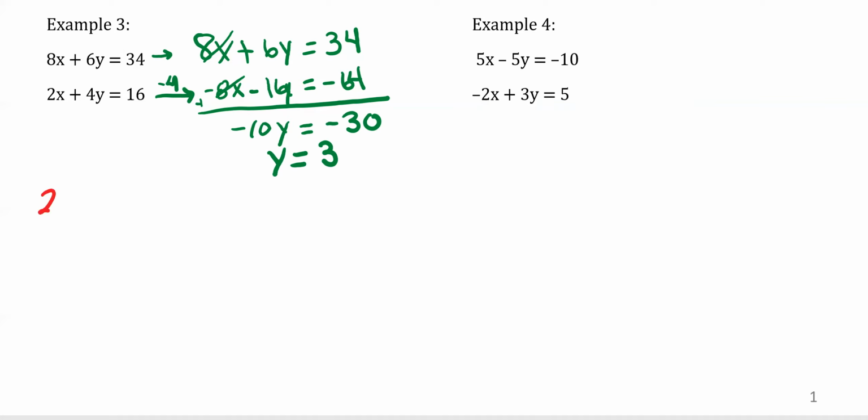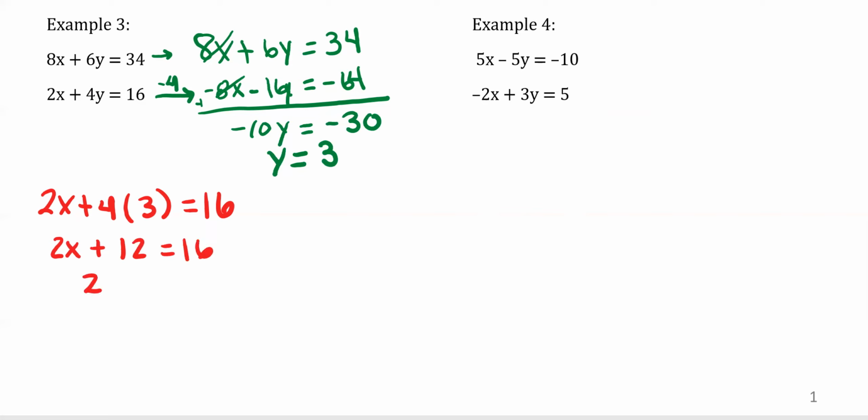It doesn't matter. I'm going to choose the second one, and solve for x. Subtract 12 from both sides and divide both sides by 2. Write your answer as an ordered pair.